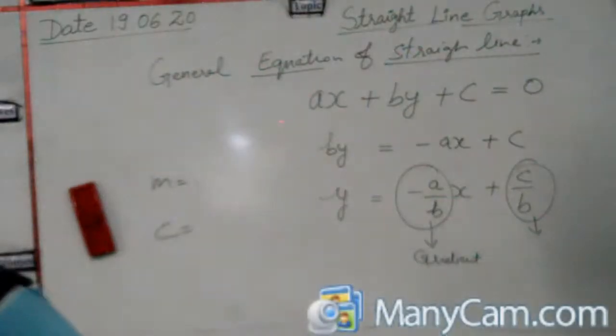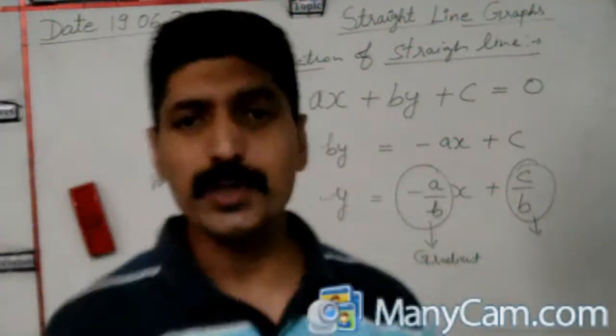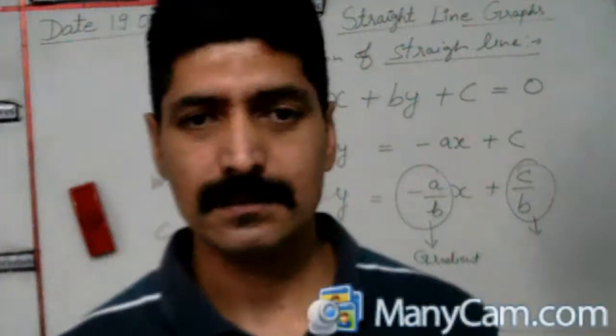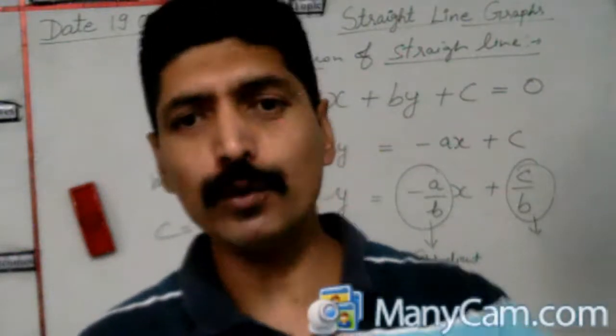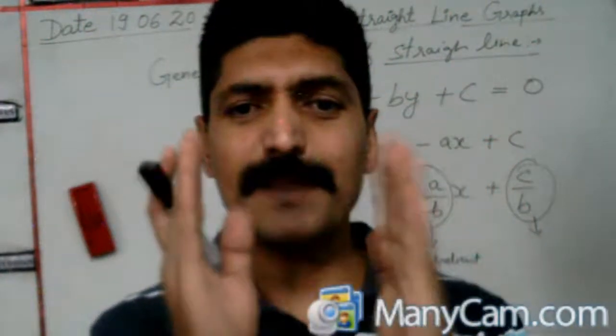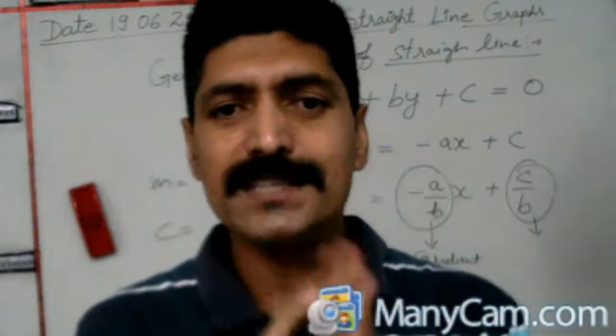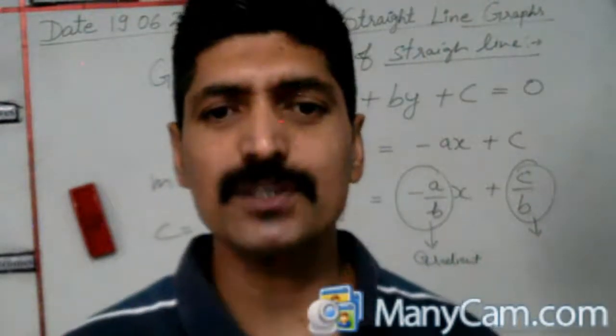So next is the equation of parallel lines. If we have one line and we want to draw a parallel line with respect to the given one, as we know, parallel lines have the same slope.